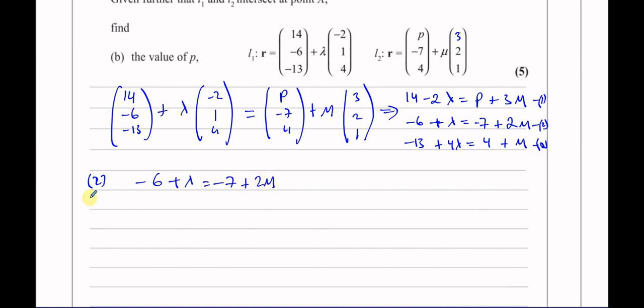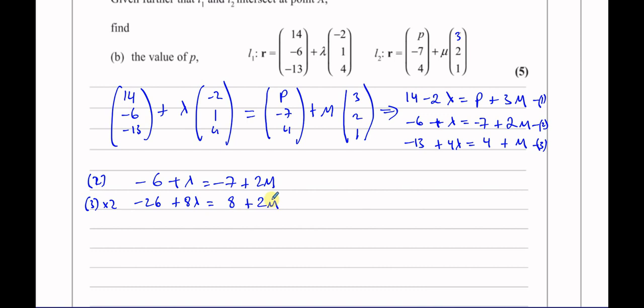And I'm going to take equation 3 and multiply it by 2 so that this becomes 2 times mu. So I have negative 26 plus 8 lambda equals 8 plus 2 mu. Negative 26, 8, 8, 2. That's right.